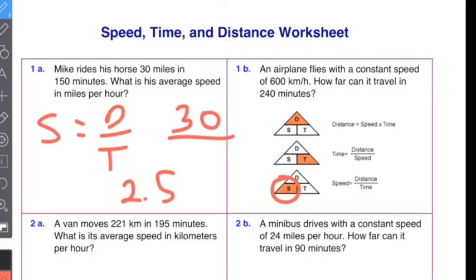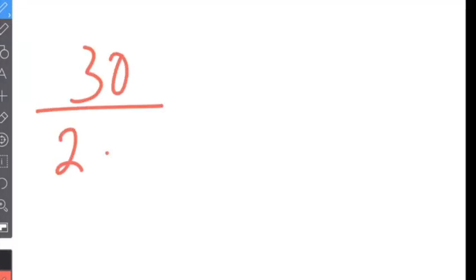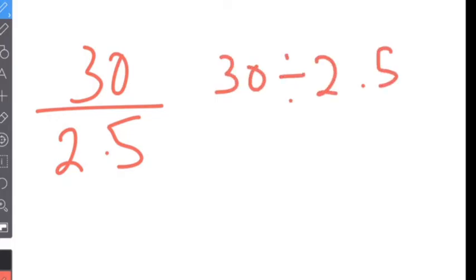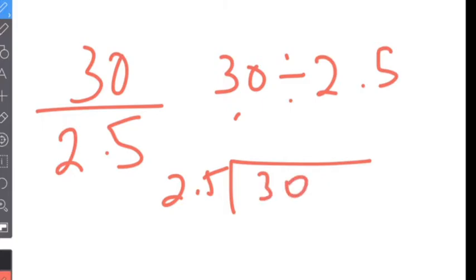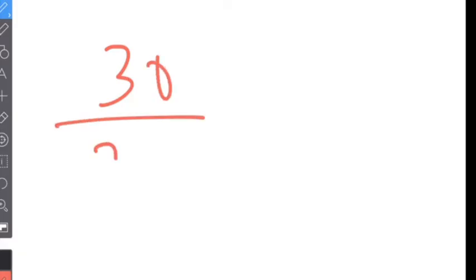So I will have 30 divided by 2.5, and remember it looks like this, 30 divided by 2.5. So the first number goes in the house and the second number goes on the outside. If you solve it by a fraction, it's 30 over 2.5. So it's 30 divided by 2.5.